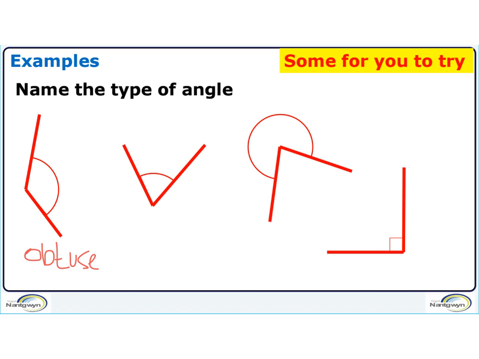The second one, it's smaller than 90 degrees, so it's an acute angle. The third one is a reflex angle. And the fourth one, the giveaway is a square in the corner, so this is a right angle.